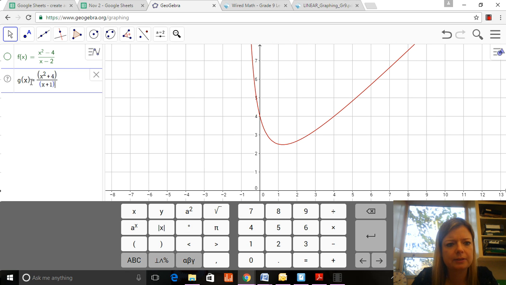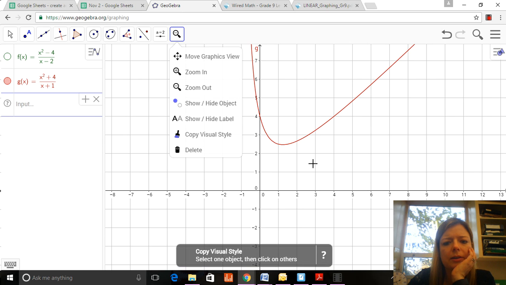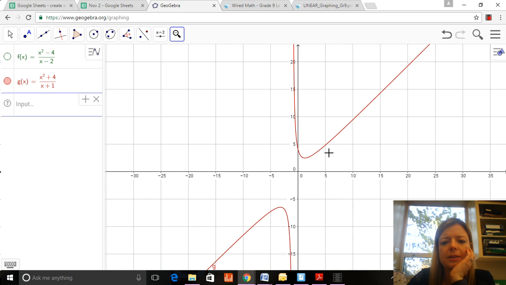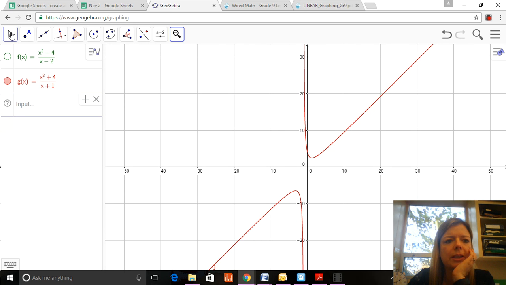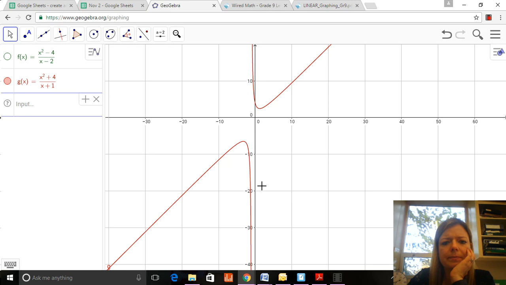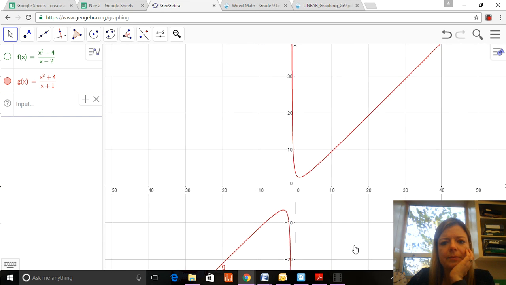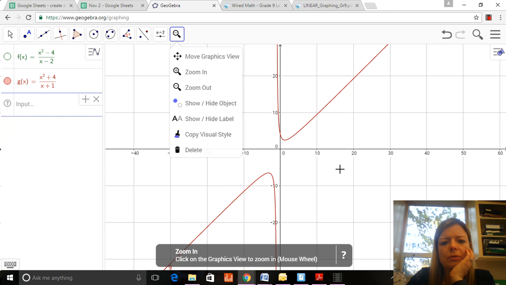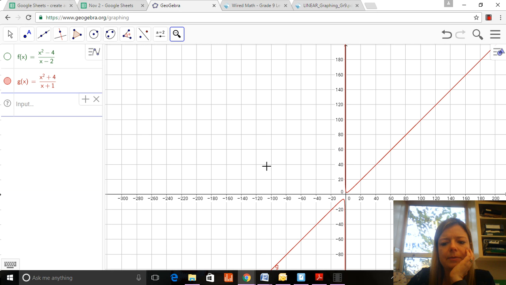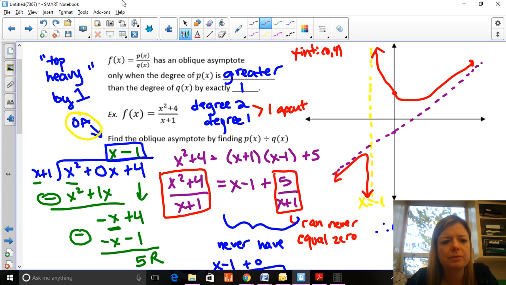So you can see if we zoom out here, they don't graph the asymptotes, but you can see where the asymptote is. There's an asymptote here at x equals -1, and a slant asymptote there. So you can play around with that. You can go to GeoGebra and zoom even further out and see what that looks like. All right, back to the note.